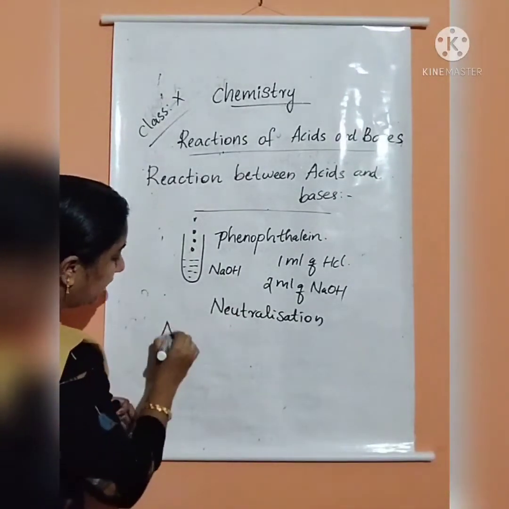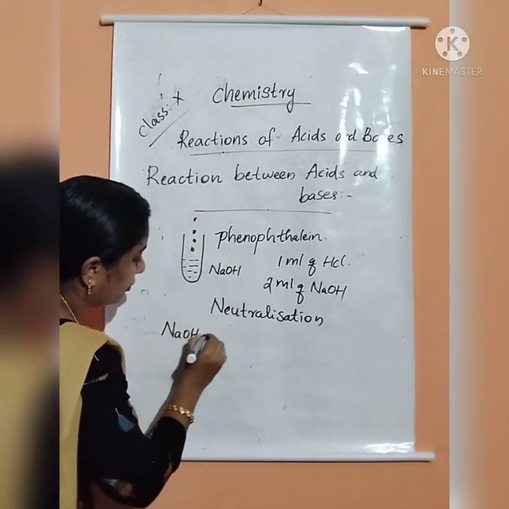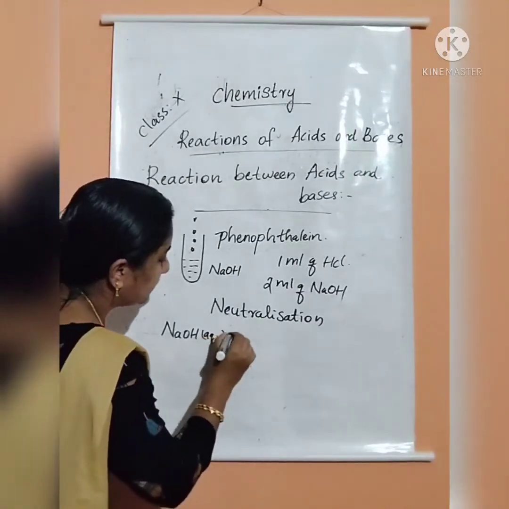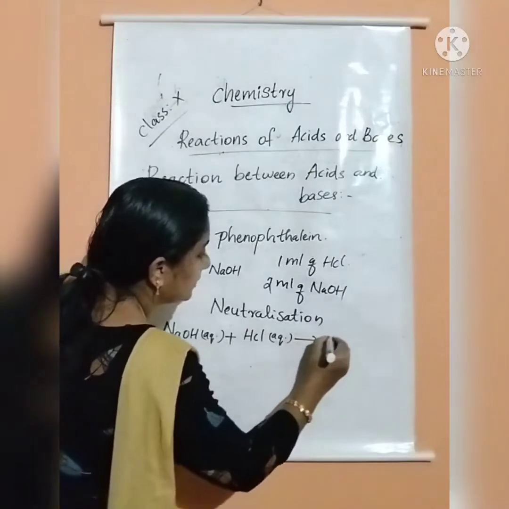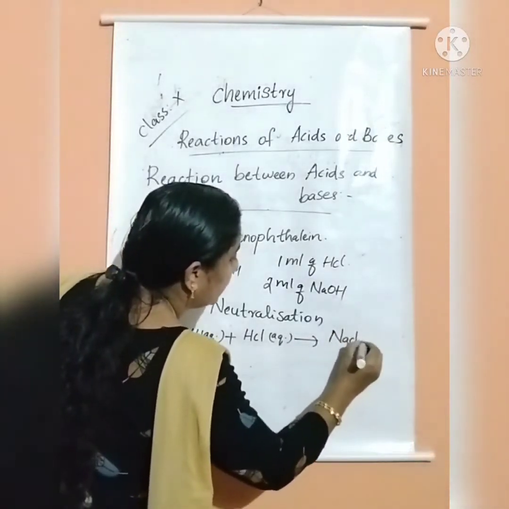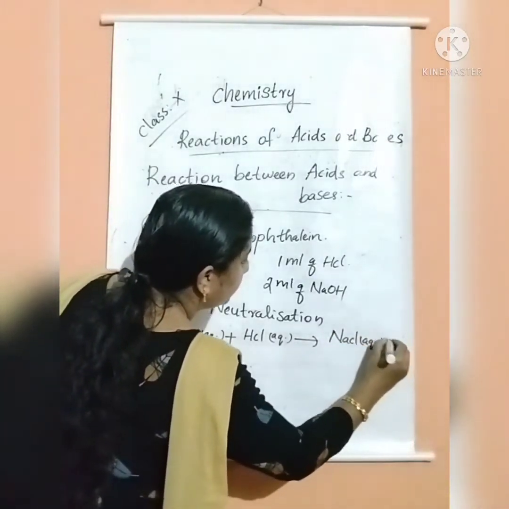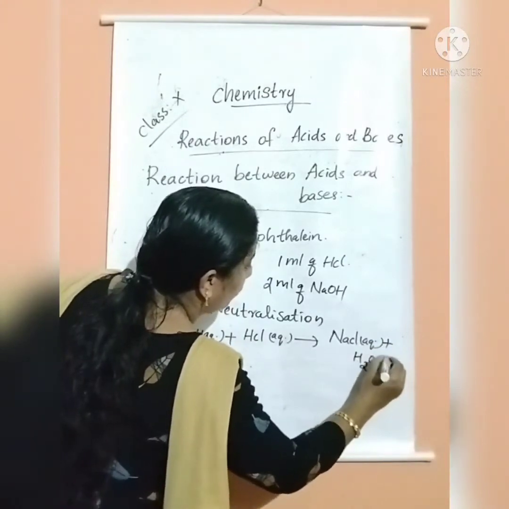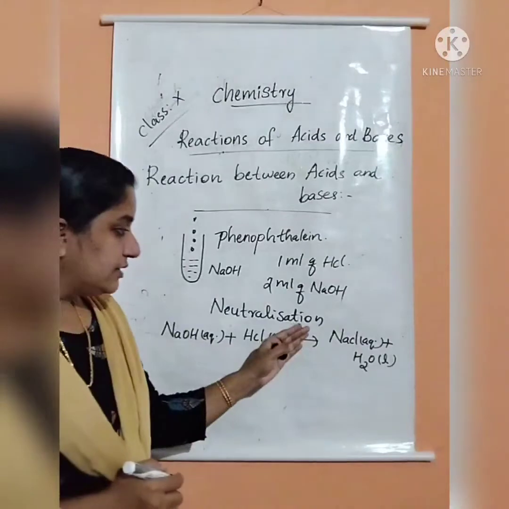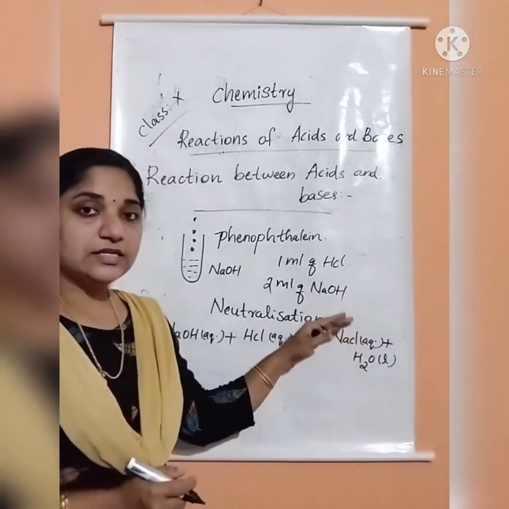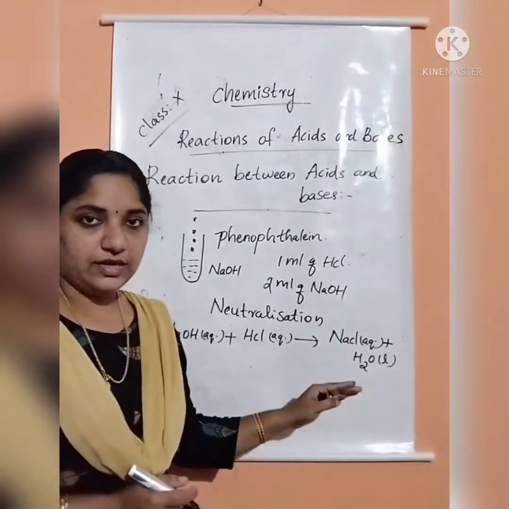First of all, NaOH, a strong base, reacts with HCl. We can see that the products are NaCl and H2O. When an acid reacts with a base, the products are the corresponding salt and water.